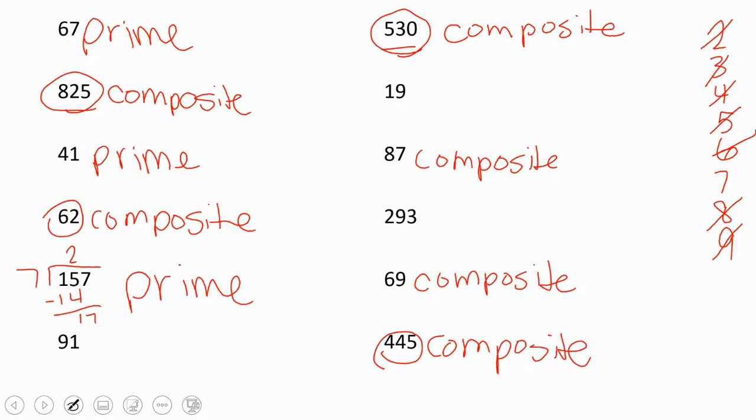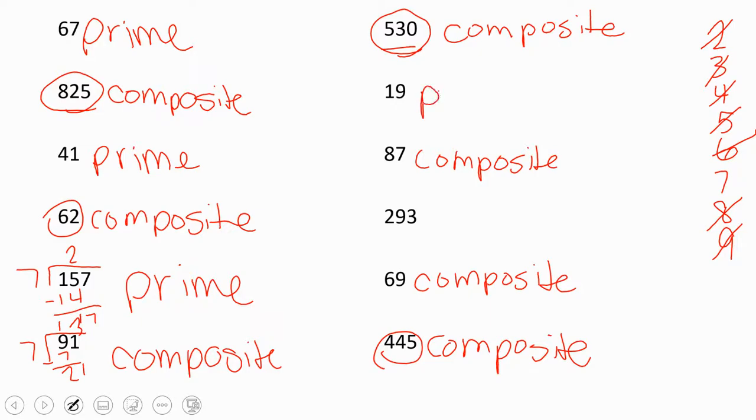All right, 91. Let's check that. 7 goes into 9 one time. 7 goes into 21 3 times. So that one actually works out. That is composite. It's a multiple of 7. 7 times 13 equals 91. 19.